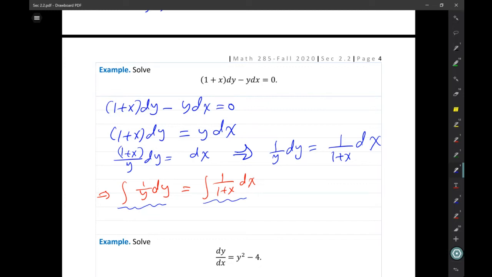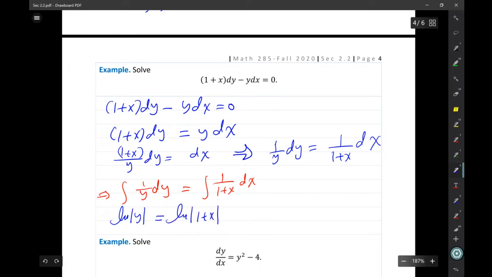So now we have ln of absolute y is equal ln absolute 1 plus x, but I have to add plus c from the side of x only.